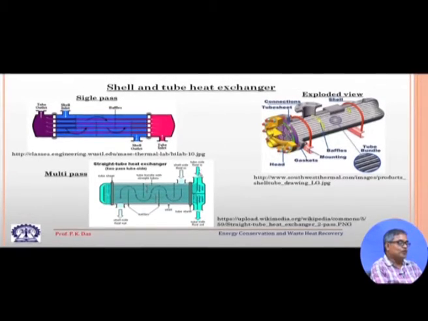The tube side fluid enters here, it moves like this, and then it changes its direction by 180 degrees. It again traverses the entire shell length in the opposite direction and comes out like this.